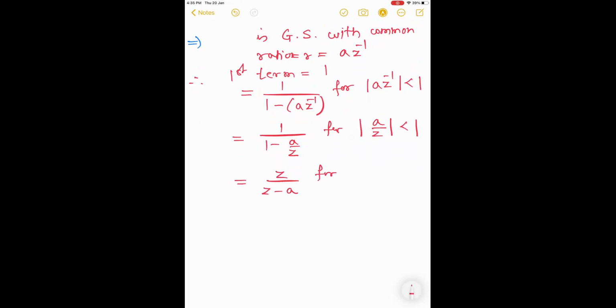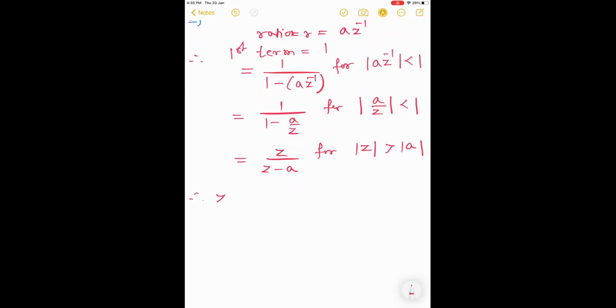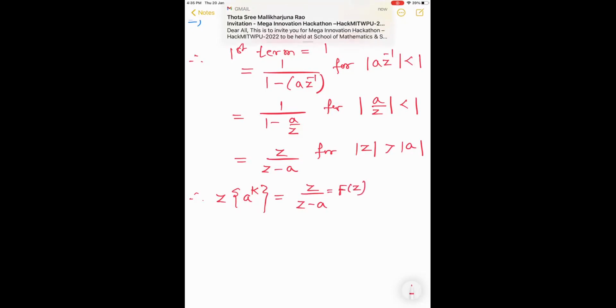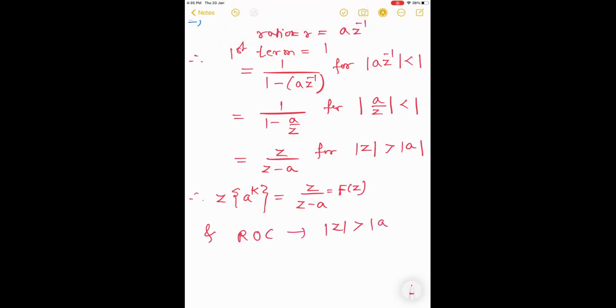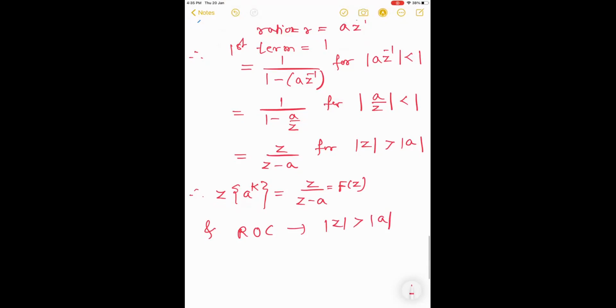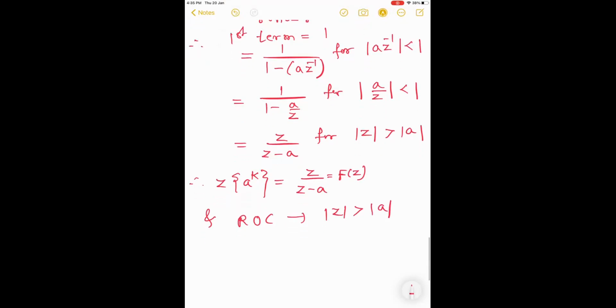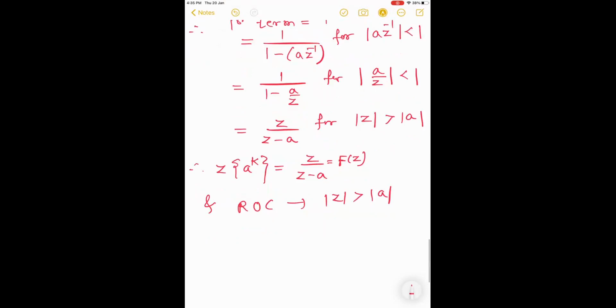And therefore, your z transform of the a raised to k sequence is z upon z minus a, which is the answer for the capital F of z, and the region of convergence is modulus of z greater than mod a.